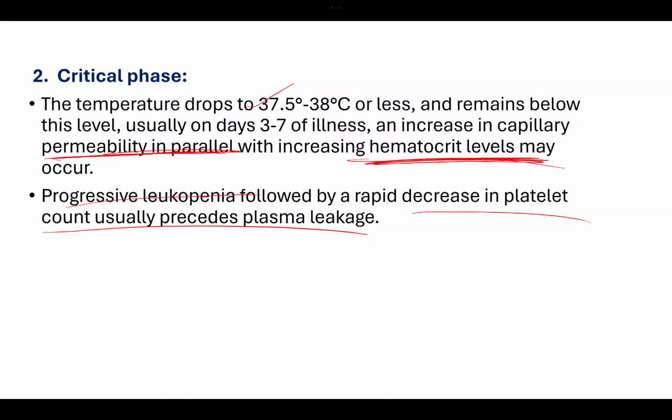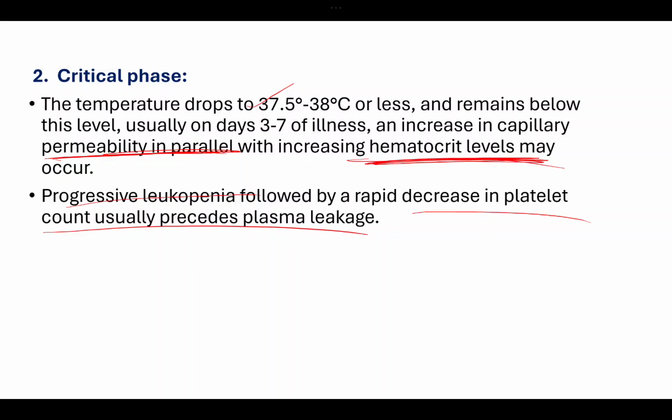The gallbladder edema is also seen in cases of plasma leakage, hence the chest X-ray and abdominal ultrasound can be useful diagnostic tools, and the degree of increase above the baseline hematocrit often reflects the severity of the plasma leakage. Also in the critical phase, shock occurs when a critical volume of plasma is lost through the leakage.